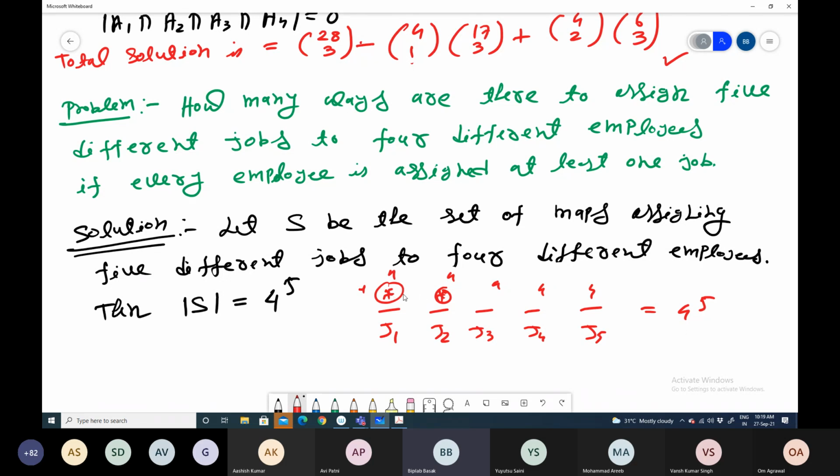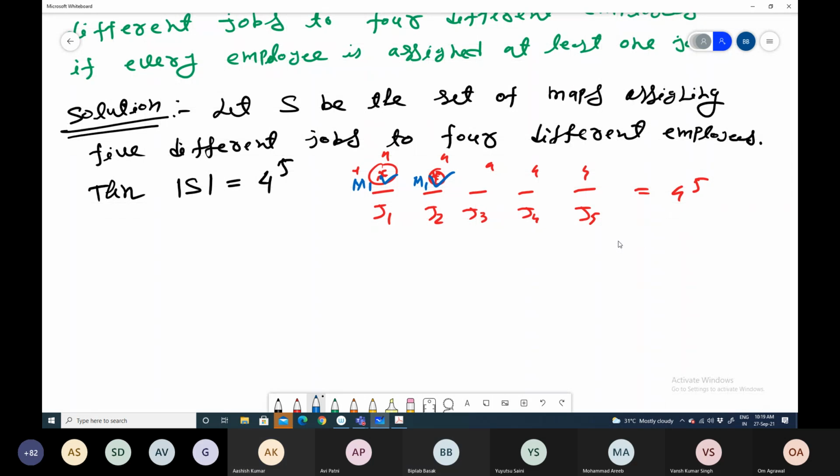So this number and this number can be the same. That means if this is M1 and this is M1, then M1 gets 2 jobs, J1 and J2. Okay. Yes, sir. Thank you for the clarification.